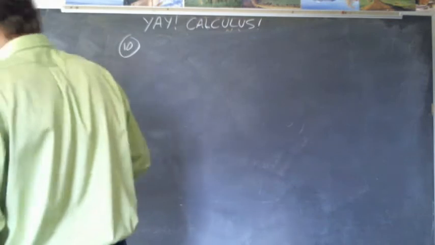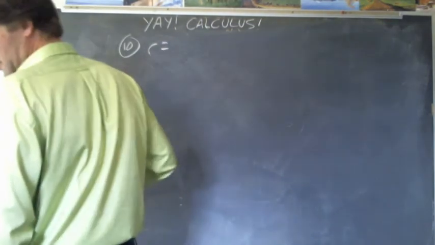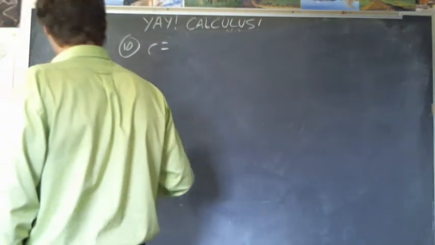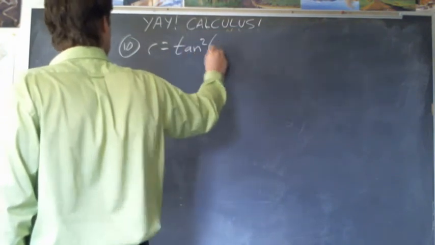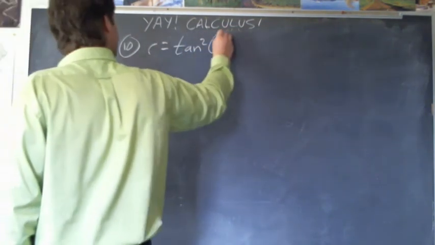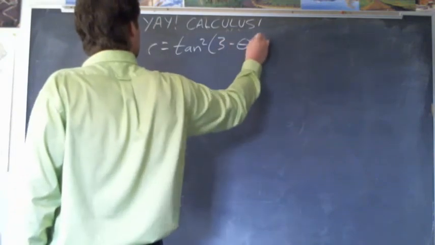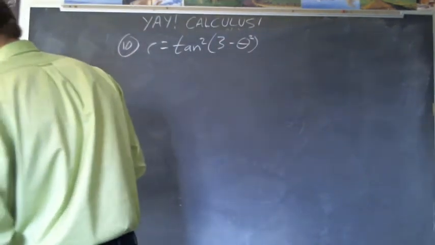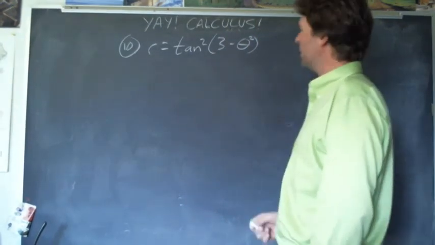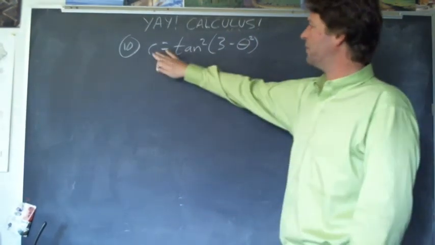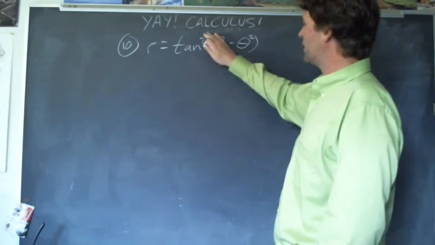Number 10. R equals tangent squared of 3 minus theta squared. We'll do the same thing, but we're going to have to use the power chain rule. Take the derivative of r with respect to theta. Tangent is squared.